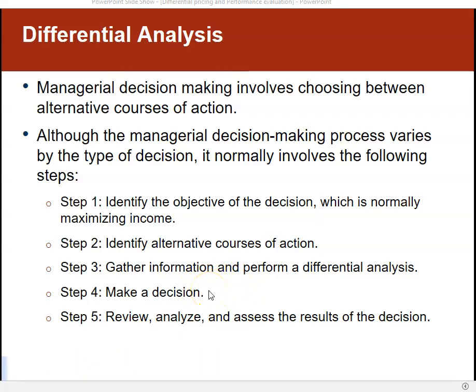Okay, but in an ideal set of circumstances, we will perform step five, because what we have to always understand is that the best decision 6 months ago may or may not be the best decision going forward today. And if it's not, we have to look at ways to potentially mitigate problems before we're 2 years out, 3 years out from this decision that we made in step four.